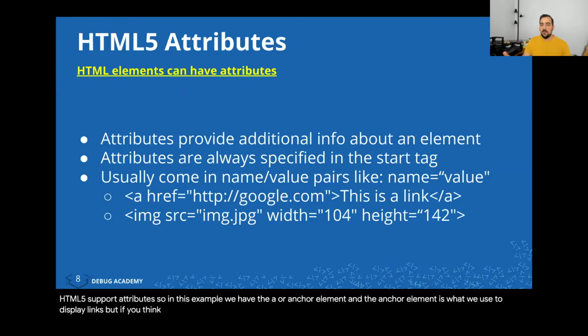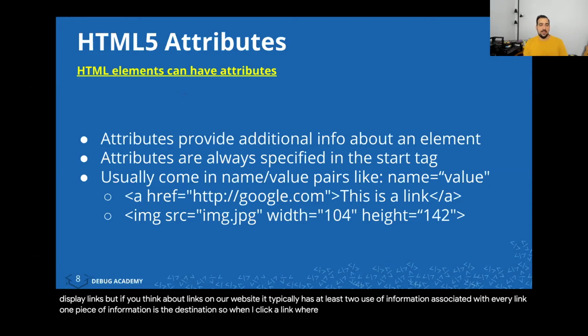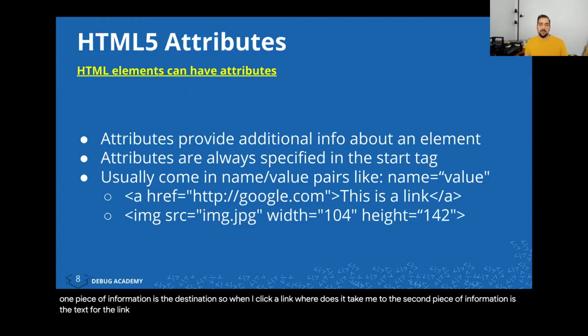But if you think about links on a website, it typically has at least two pieces of information associated with every link. One piece of information is the destination. So when I click a link, where does it take me to? The second piece of information is the text for the link. What words are displayed? And for me to create a link, I need to provide both of those pieces of information.